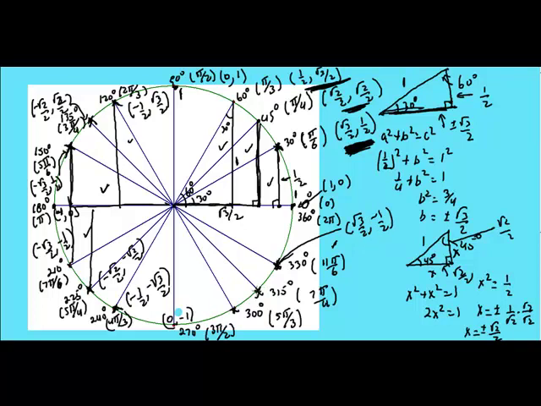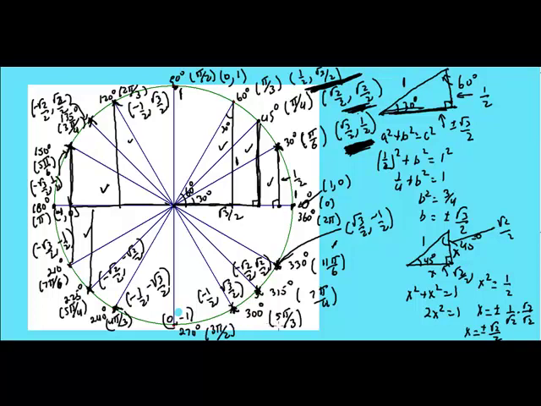And this point here is the same thing as my second point, except my x is negative. So it would be negative rad 2 over 2, and y is rad 2 over 2. And of course this point is the same thing as that point right there. Then x will be negative 1/2, and y would be positive rad 3 over 2.